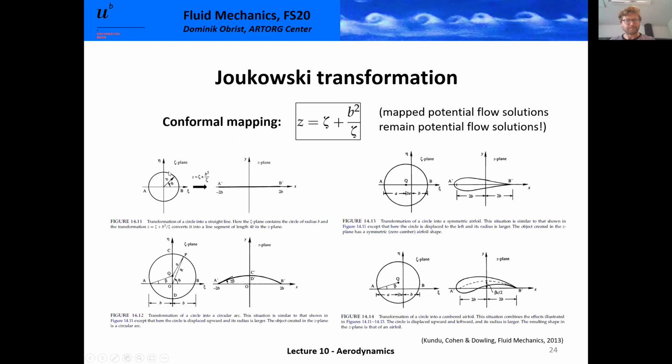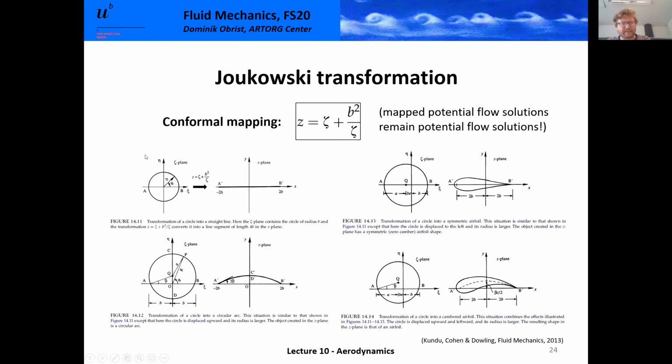And in this zeta plane, you look at the potential flow solution of the flow around the cylinder. Right? We know how to do this. We did this. It's a parallel flow plus the dipole that creates the flow around the cylinder.